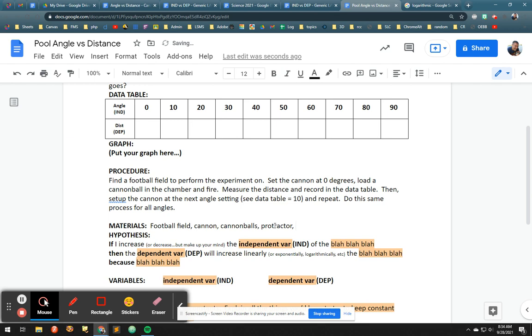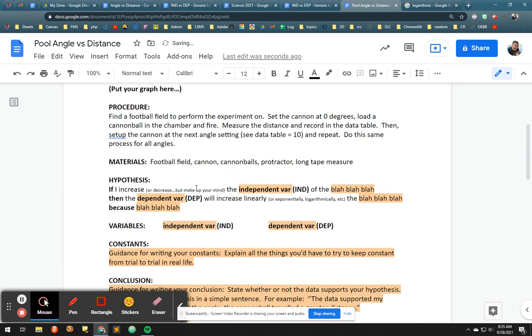Yeah, you'd probably need a tape measure to sort of supplement your football field thing. Long tape measure. What else would we need? I'm guessing that's probably good.